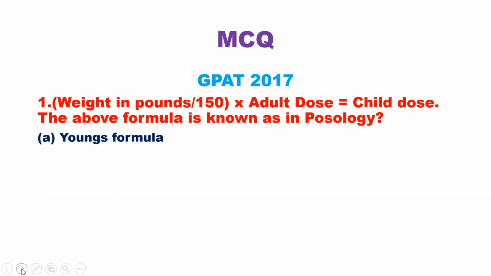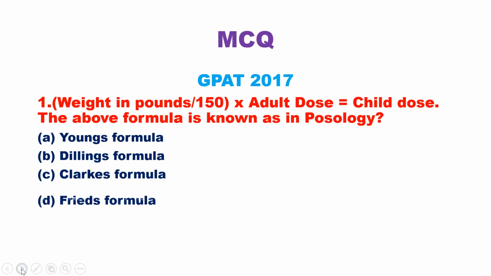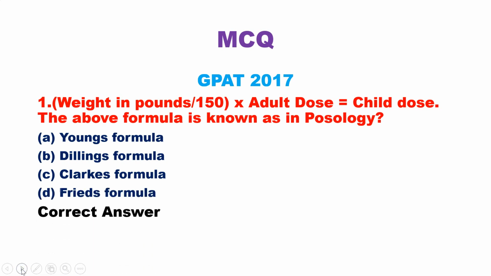The options were Young's formula, Dilling's formula, Clark's formula, and Fry's formula, and the correct answer is Clark's formula. All the others, Fry's, Dilling's, and Young's, are for age, and only Clark's formula is given according to the weight.